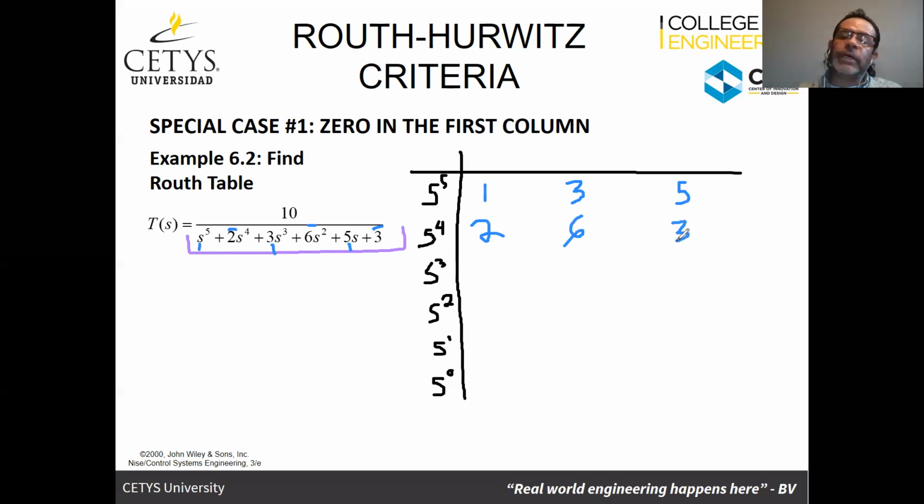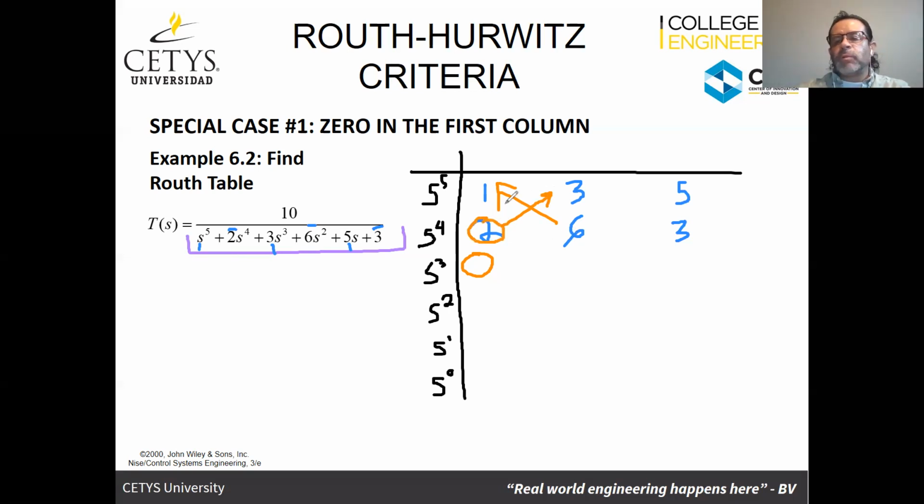Now, if we do the tabulation for the first value, the value that's going to go here, I'm just going to do that one. It would be the negative determinant, or the determinant done the other way around. It would be negative 6 times 1 minus 2 times 3, divided by 2.